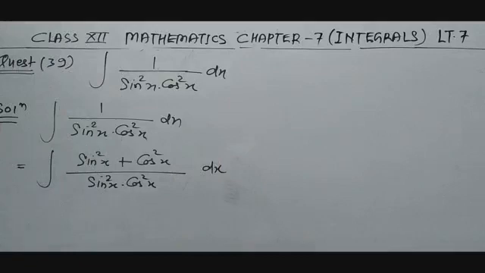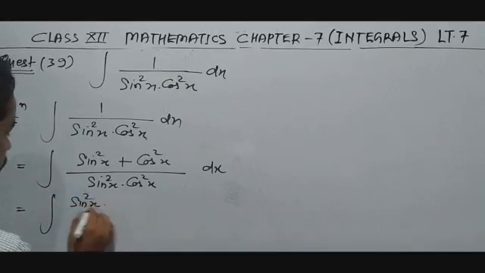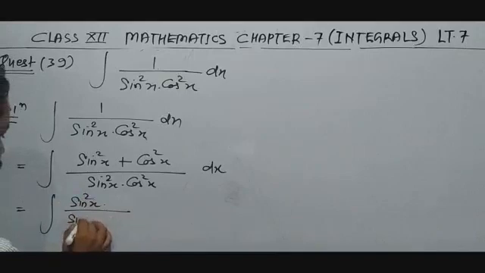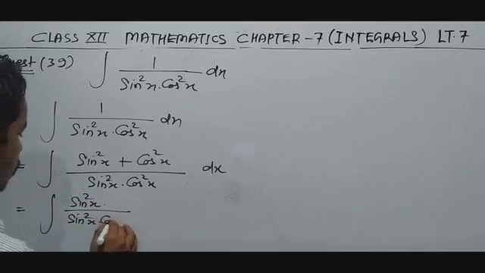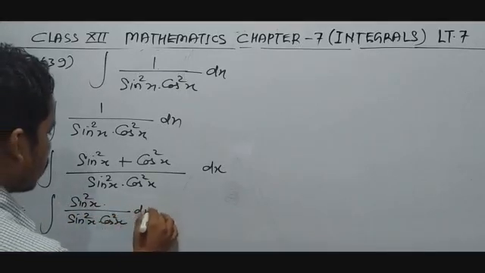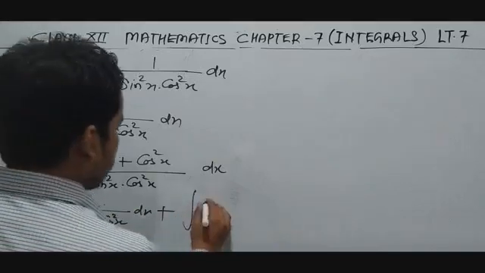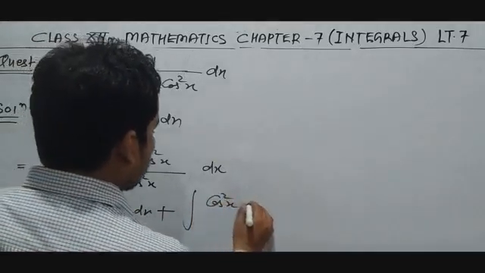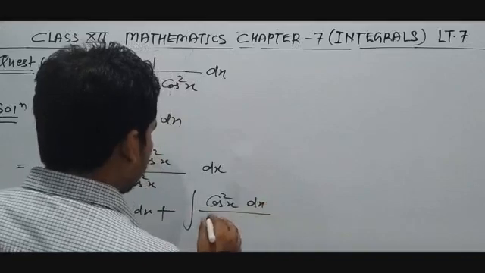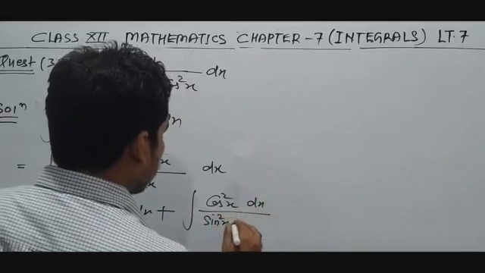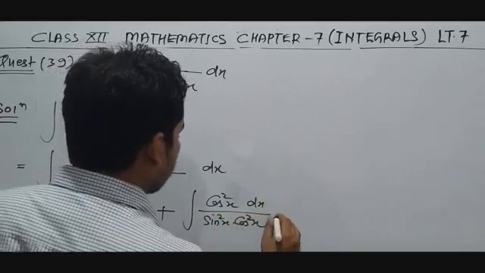So now you can write the integration of sine square x upon sine square x into cos square x dx, plus cos square x dx upon sine square x into cos square x.